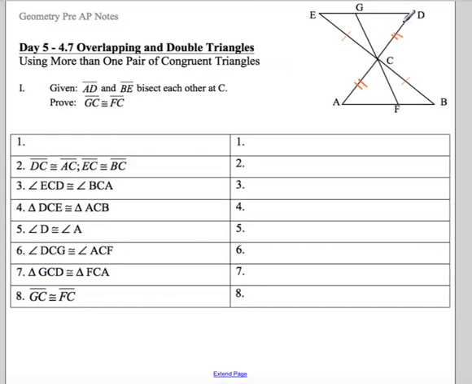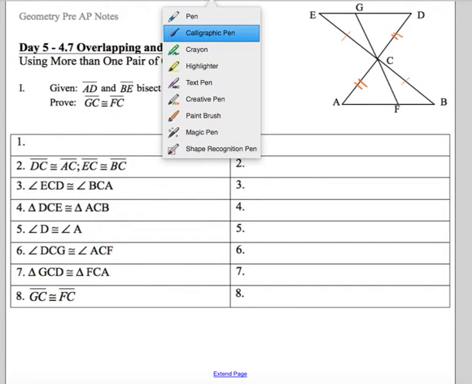These are pieces of the top large triangle and the bottom large triangle there, but notice we also have 2 smaller inner triangles on there. And what I'm trying to prove is GC congruent to FC.